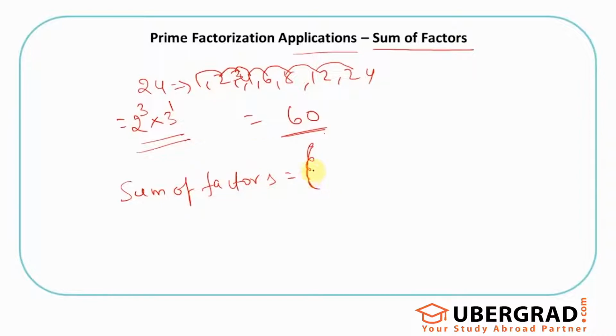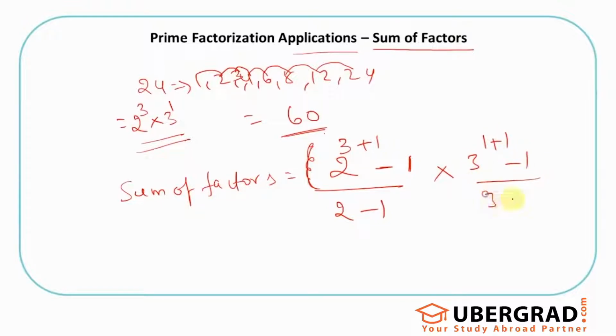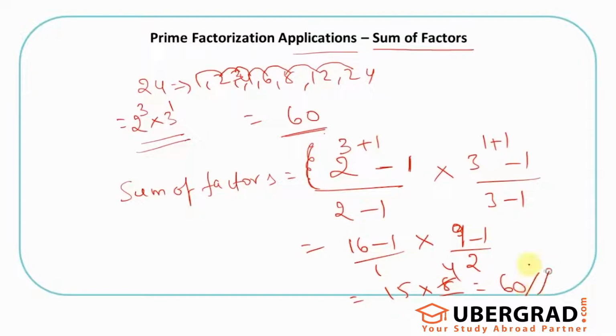It's (2 power 3 plus 1 minus 1) by (2 minus 1), into (3 power 1 plus 1 minus 1) by (3 minus 1). 2 power 3 plus 1 is 2 power 4, that's basically 16. Minus 1 is 15 by 1. 3 power 2 is 9, minus 1, by 2. That's 15 into 8 by 2. 15 4s are 60, right?